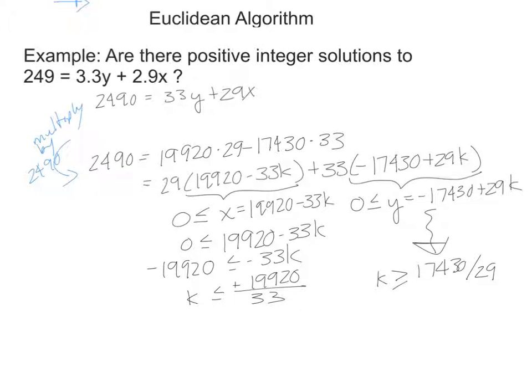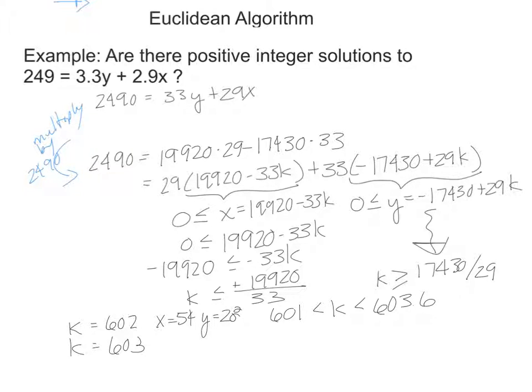Now, because we want k to be an integer, k is going to be some number between 601 and 603.6. Which means that k can equal 602, in which case x is equal to 54 and y is equal to 28, or k is equal to 603, in which case x is equal to 21 and y is equal to 57.